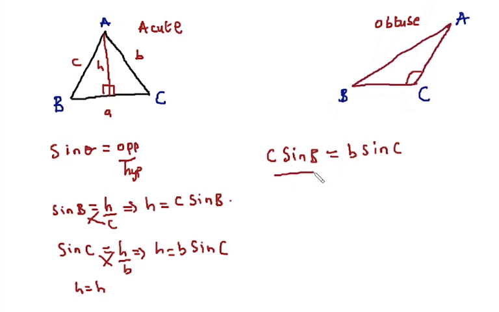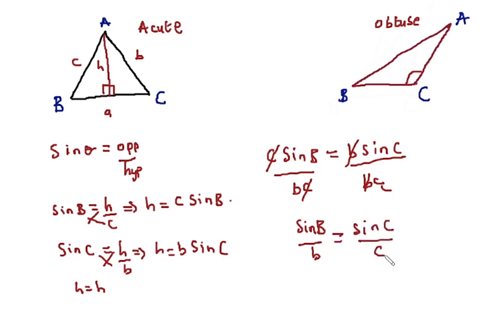We divide both sides by bc. We get c cancelling out c here and b cancelling out b here, so that we have sine B over b is equal to sine C over c.